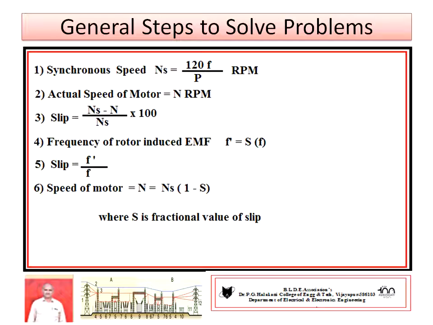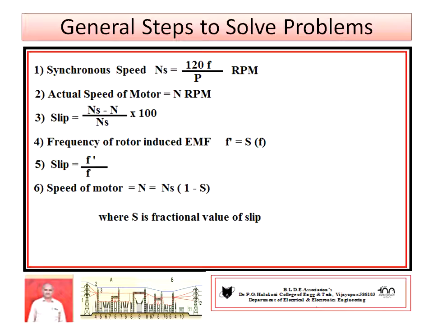It is also referred to as motor speed or rotor speed. Actually we observe the rotation of rotor, so it is referred to as actual speed of motor. The rotating magnetic field is imaginary, it is not possible to observe, that is synchronous speed.